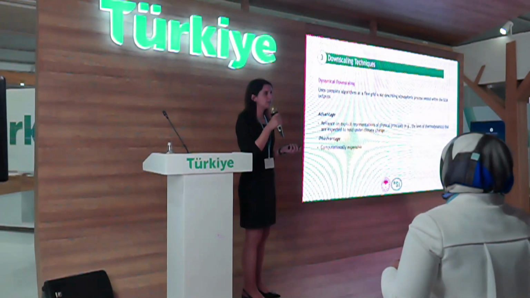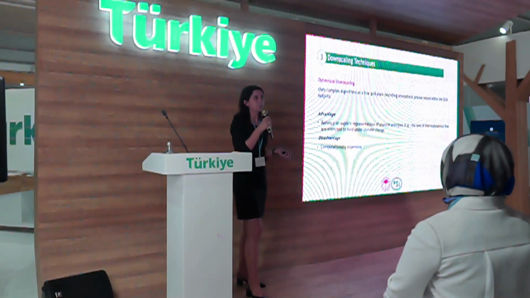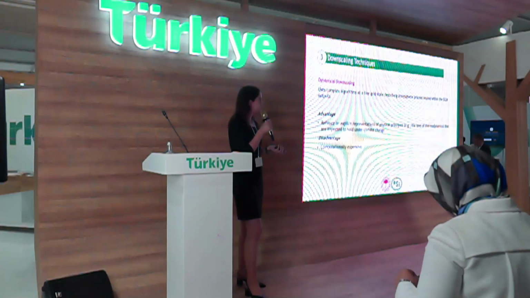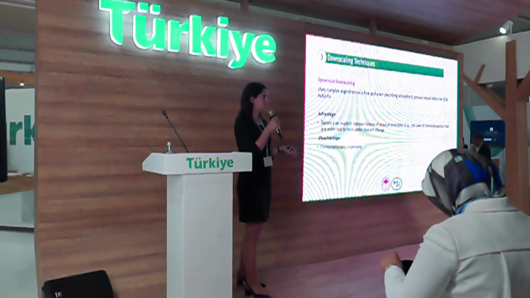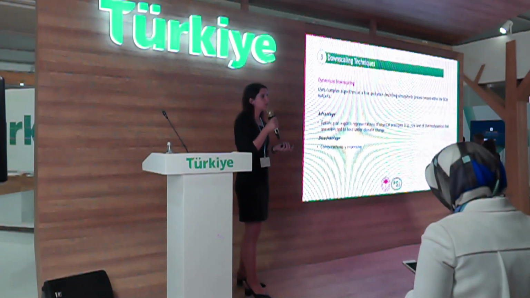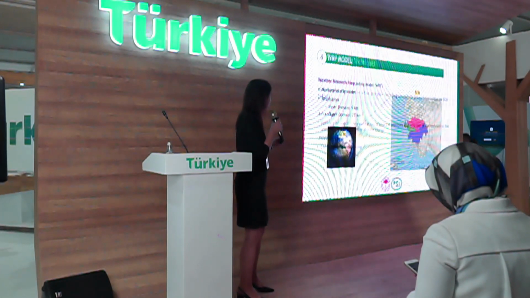But the disadvantage of this technique is that it's really computationally expensive and requires a lot of time to finish the model simulations. Therefore, if you need quick results, that's not very suitable.